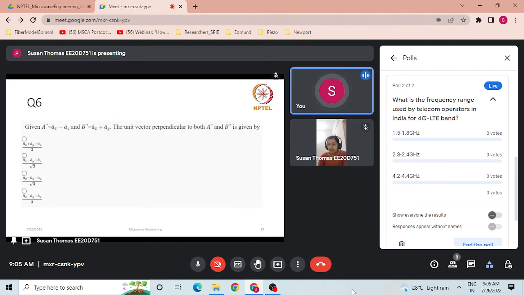Now let me go to the next question. Question number 6. Given vector A is Ax minus Az and vector B is equal to Ax plus Ay, the unit vector perpendicular to both vector A and vector B is given by.